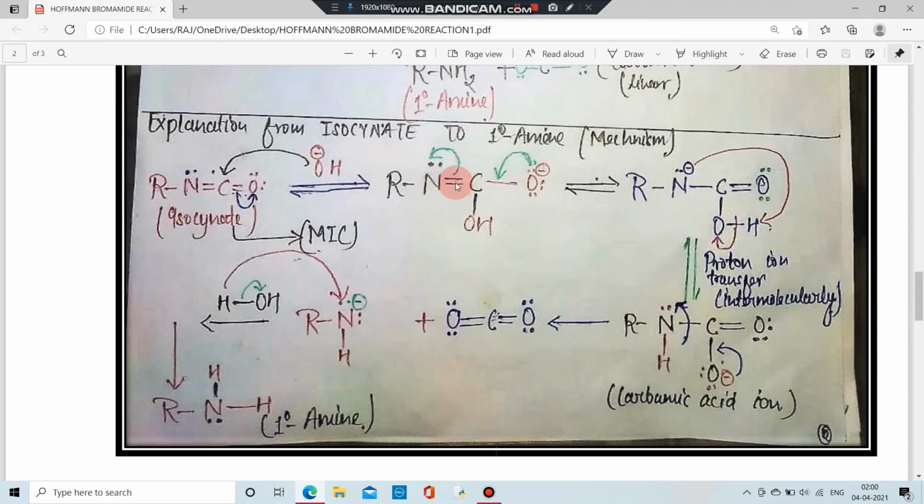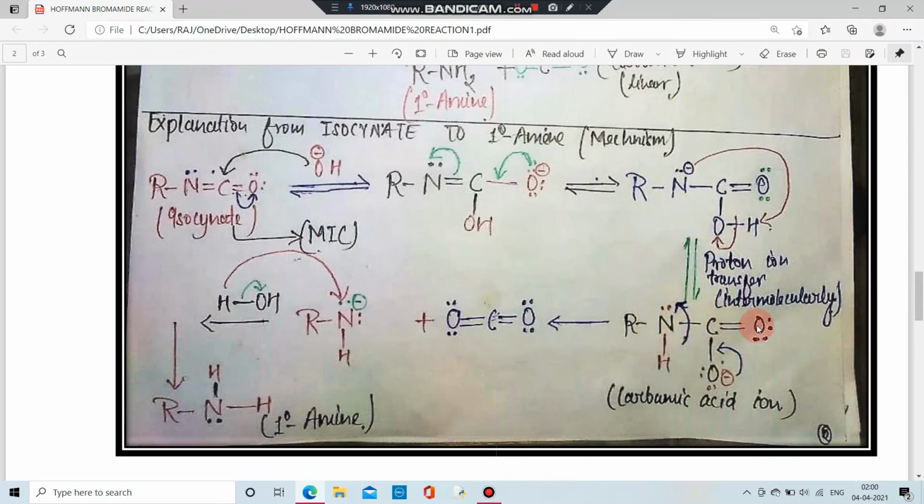So the pi bond between N and C is going to shift as N negative. So what we are getting is R N minus, H, double bond O. Now a proton transfer takes place, where the charge on the nitrogen is going to attract the H from here. During that time, the sigma bond is going to shift as O negative. So we are going to get R NH, the new bond, and C double bond O, CO minus.